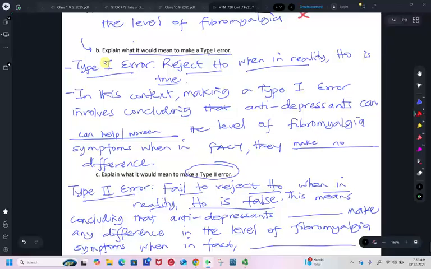So in this context, we will conclude that antidepressants do not make any difference in the level of fibromyalgia symptoms when in fact they actually do. That would be the description of type 2 error in this scenario.